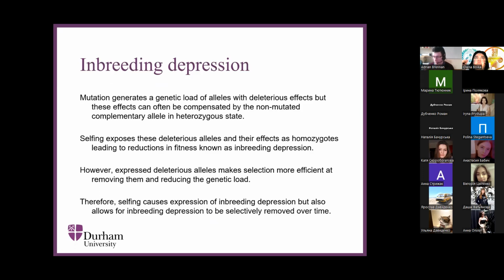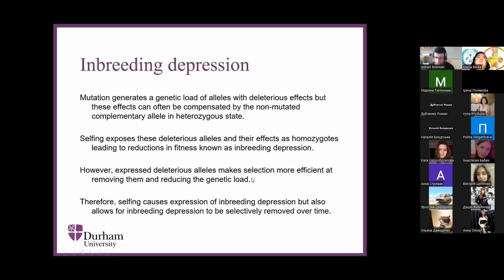And so when you're homozygous, you are not hiding your genetic load anymore. And so all these mildly deleterious alleles that might be hidden in a heterozygous state are now expressed. And so they'll manifest as what's known as inbreeding depression, lower fitness of selfed individuals.